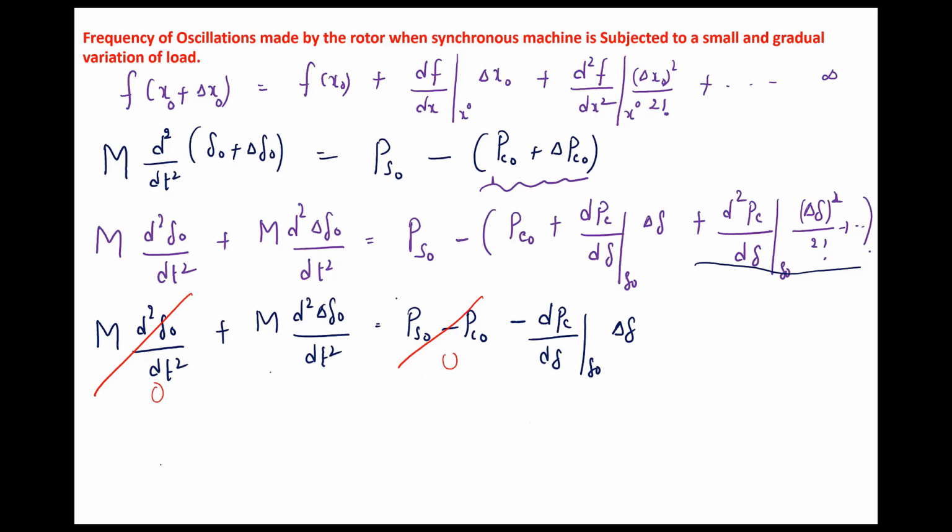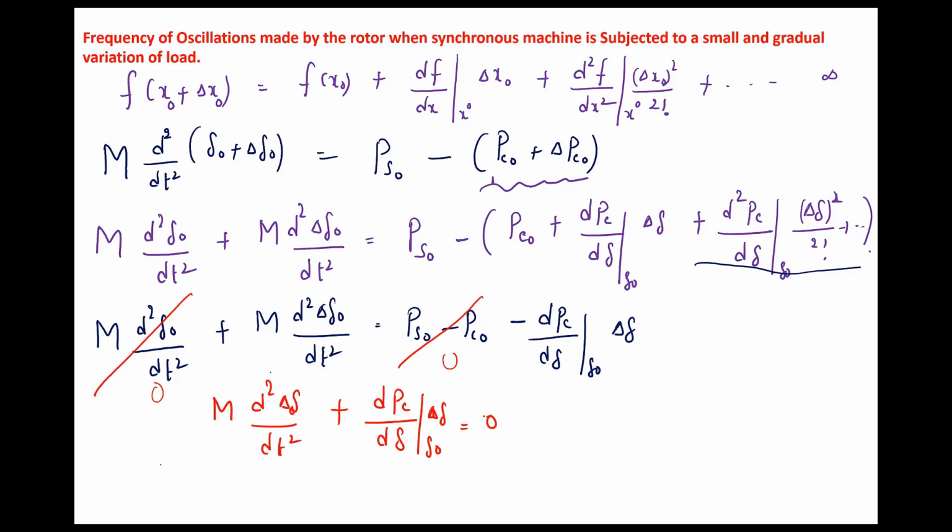So now if you bring back this equation, you are going to get m d²Δδ/dt² plus dPe/dδ at δ₀ into Δδ is equal to 0.